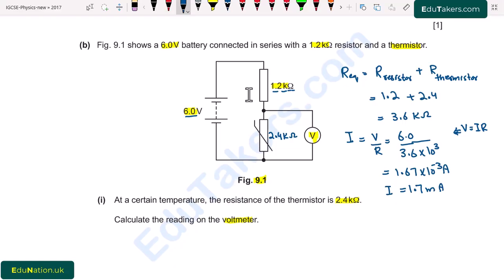Now we can see that both of these components are in series, and in the series combination the current remains same but the potential difference changes. I write here in series combination voltage changes and current remains same across all components.